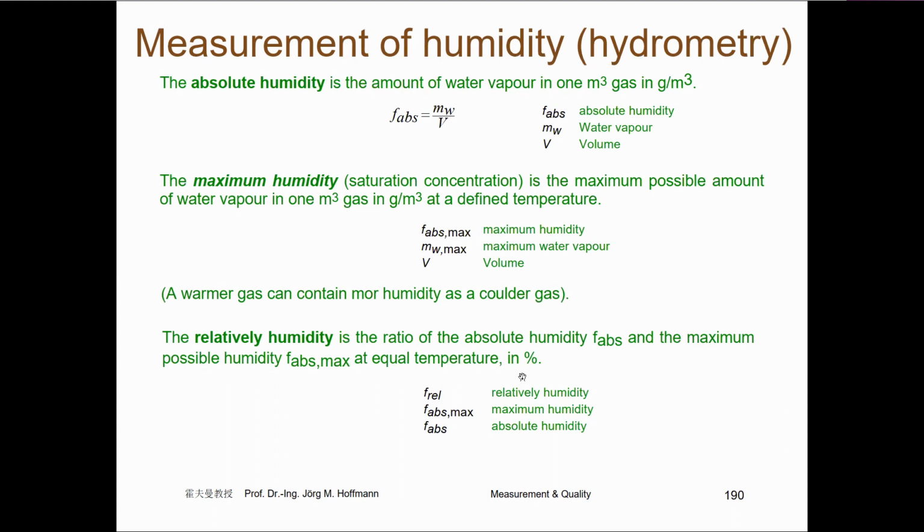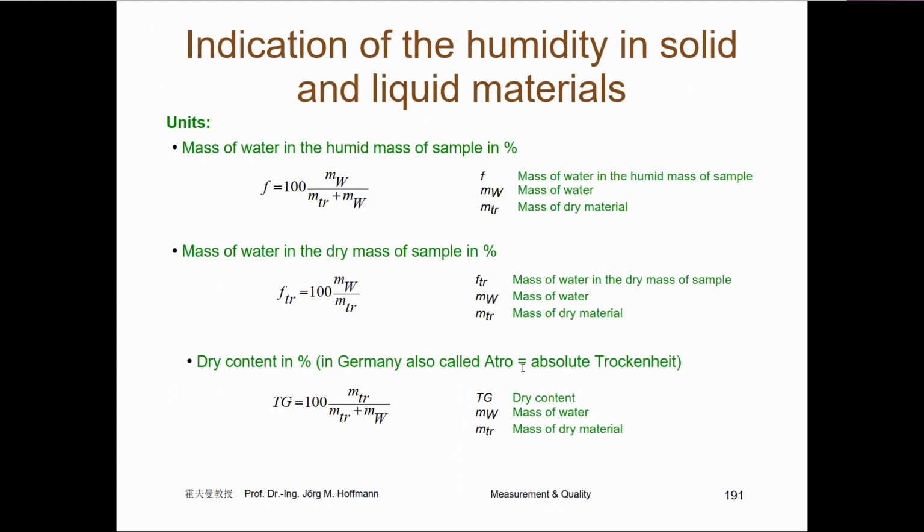When you have the relative humidity, it depends on the temperature, as I said, and you must know the temperature and can say then at this temperature, it is so much of the absolute maximum that we can have as humidity in the air at this temperature.